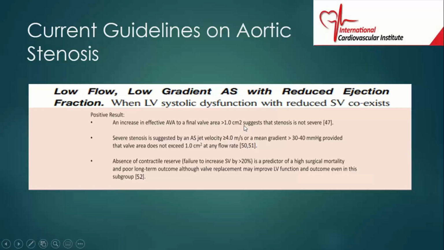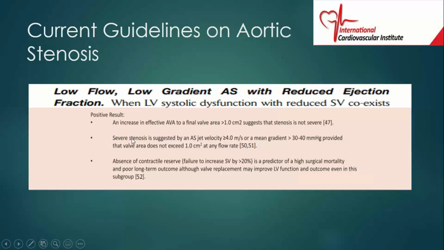It is probably because the heart muscle was weak and couldn't open the valve. So once you get this, then the patient doesn't have severe aortic stenosis, that answers the question.